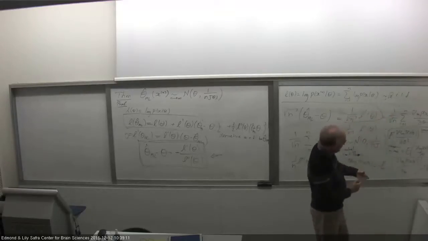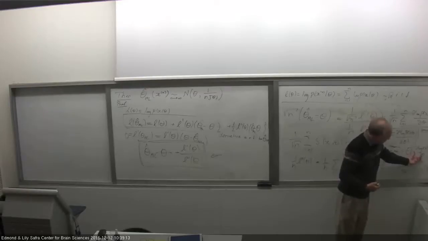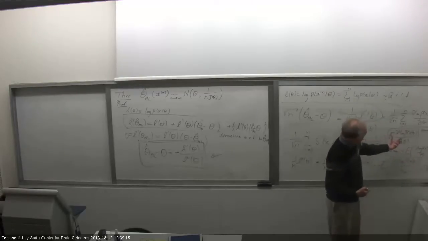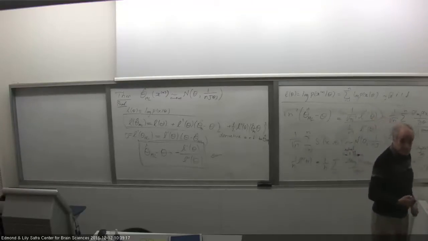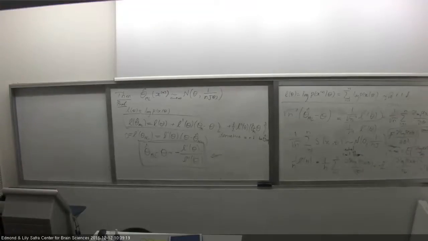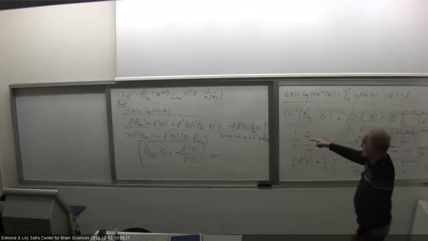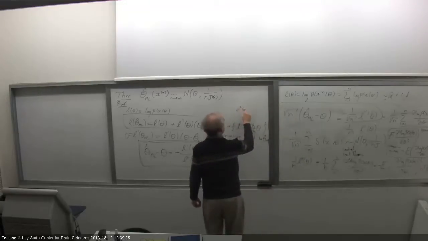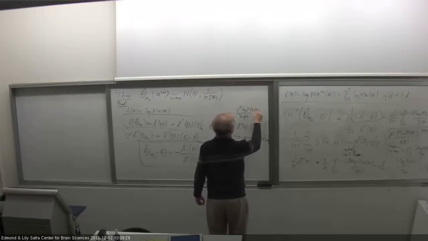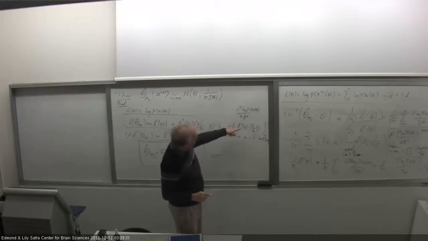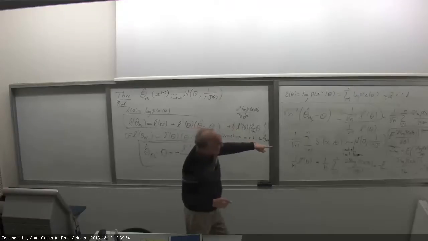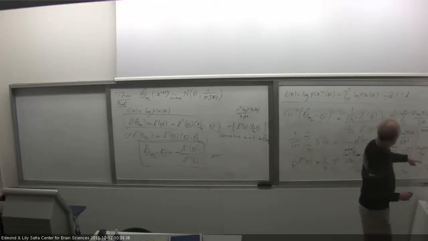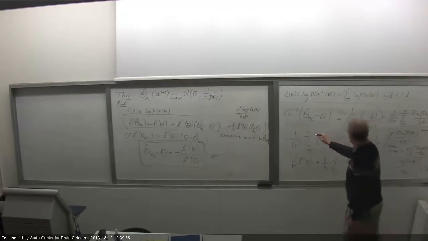So in some sense, this is the Fisher information, this is the variance, and this is the Hessian matrix. The second derivative comes from here. And the fact that the expectation of the second derivative is the same as the Fisher information is what makes this true.